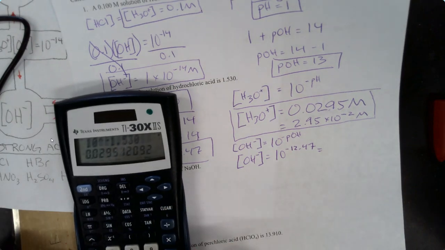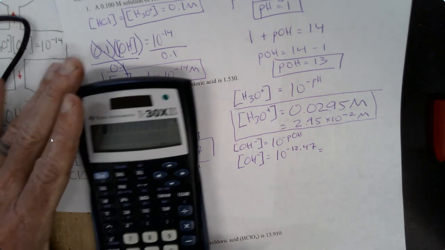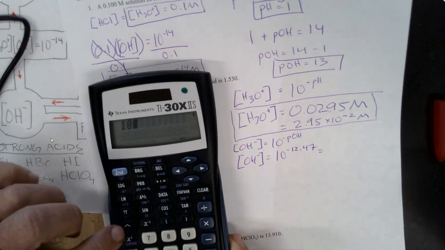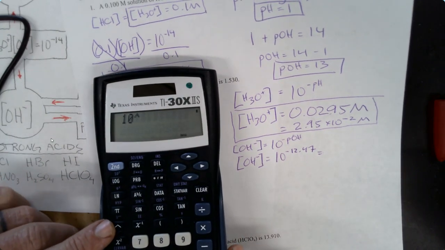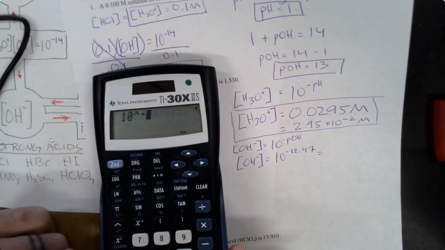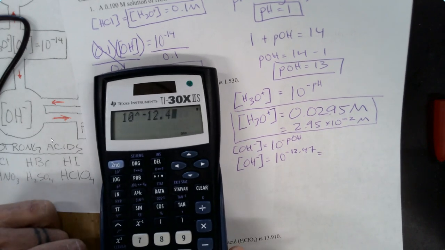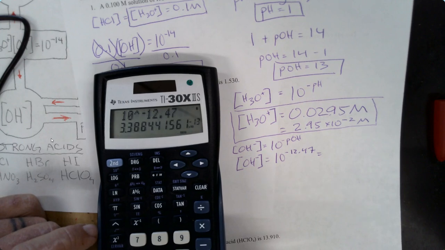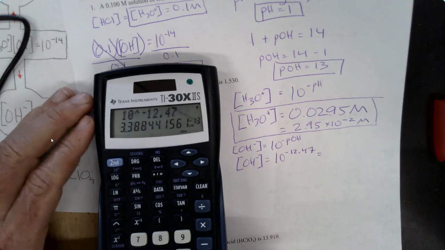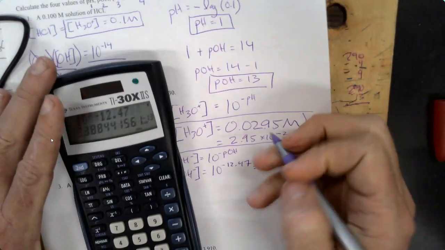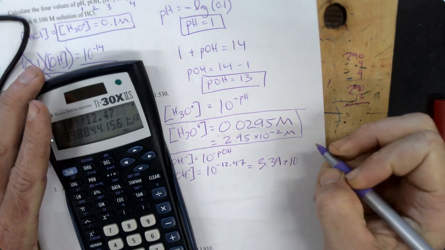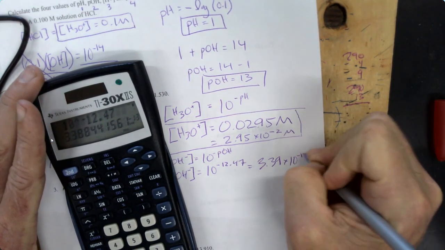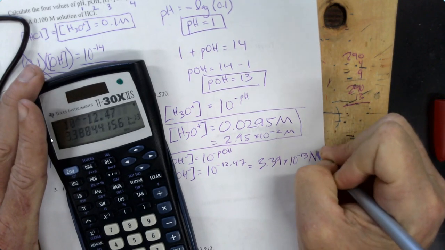Ready? Let's push 10 and then the to the button right here. 10 to the negative 12.47, and that's equal to 3.39 times 10 to the negative 13 molar.